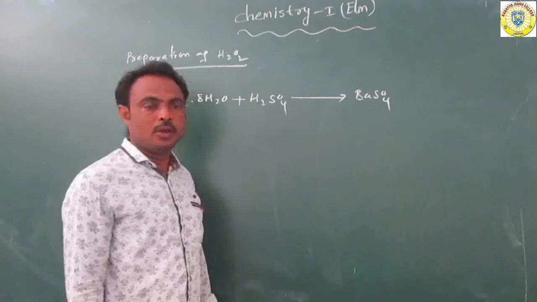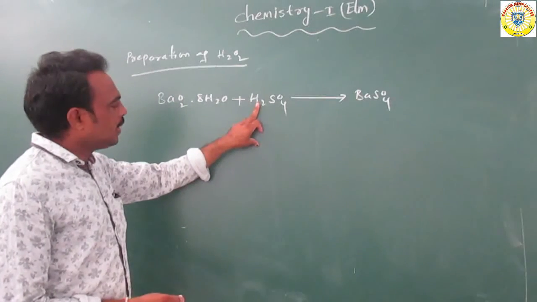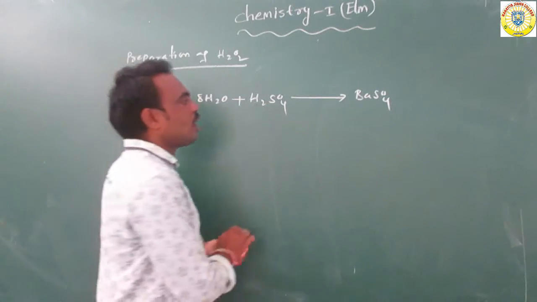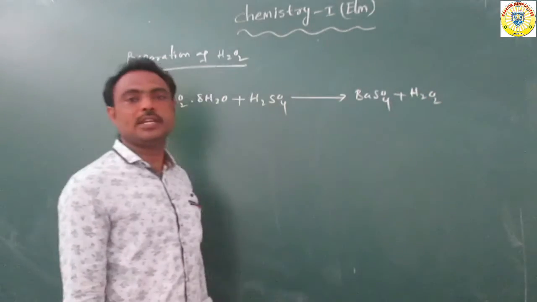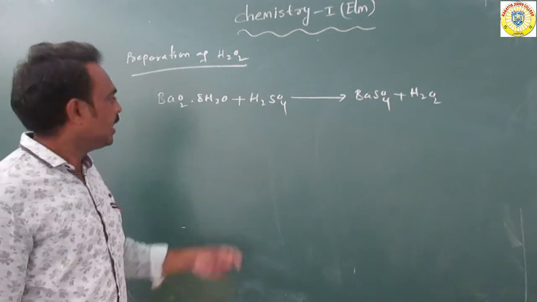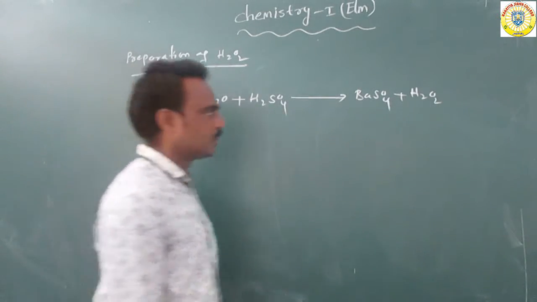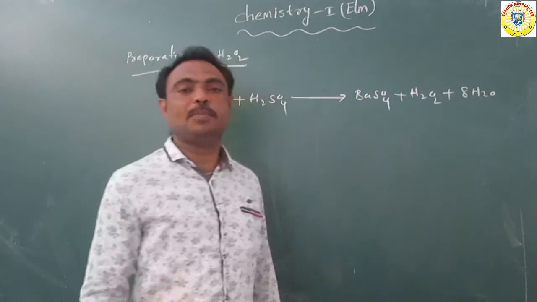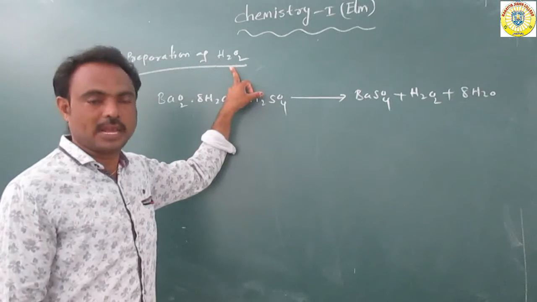Next, the remaining H2 and O2 form H2O2, hydrogen peroxide. Next, 8H2O forms water molecules. So it is one of the best preparations of hydrogen peroxide.